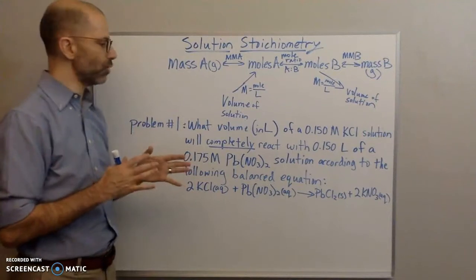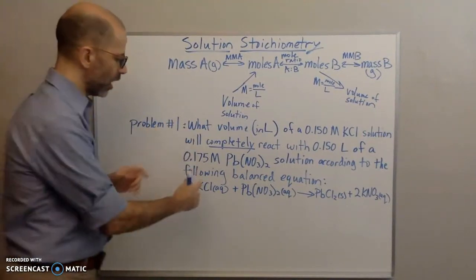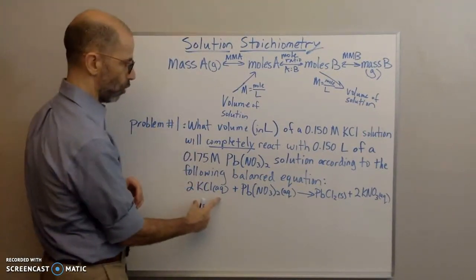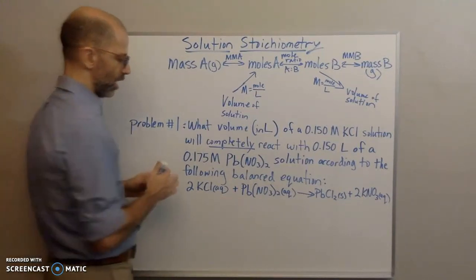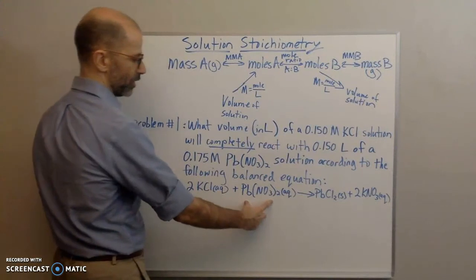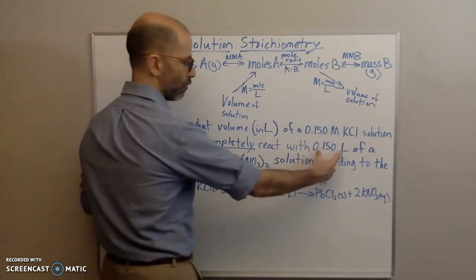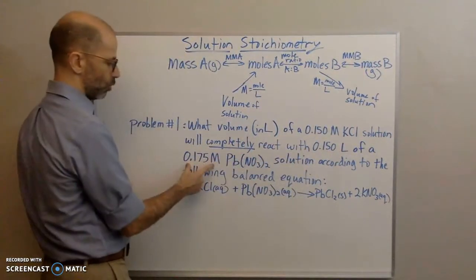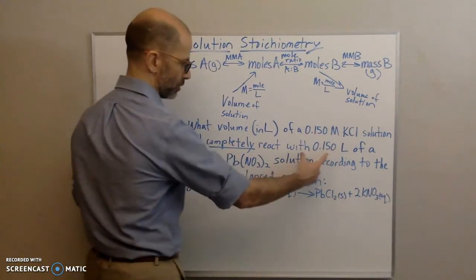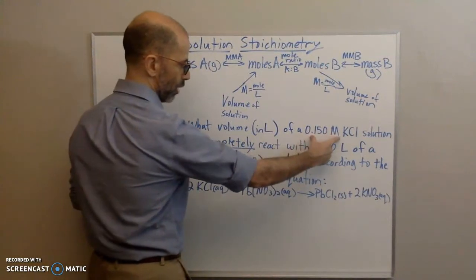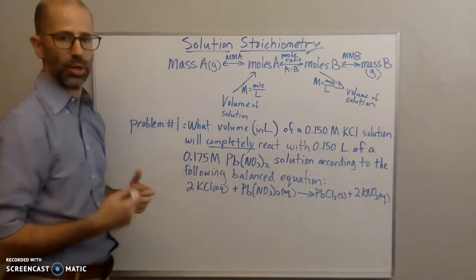You'll notice right away that they are giving us information for two of the reactants. For the lead II nitrate, they're giving us a volume and a molarity. For the other reactant, they're giving us a molarity, but not a volume.